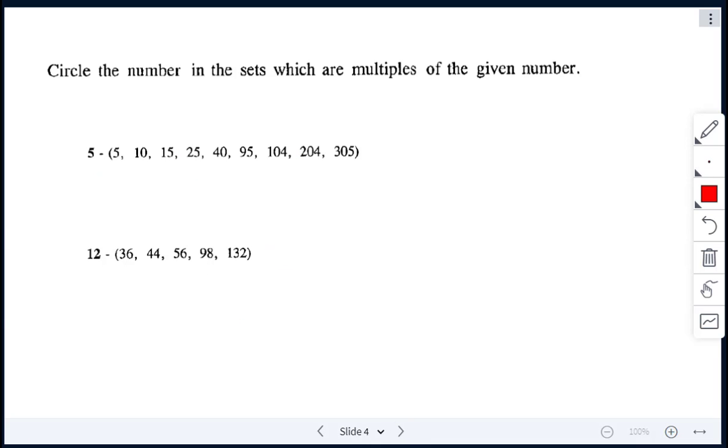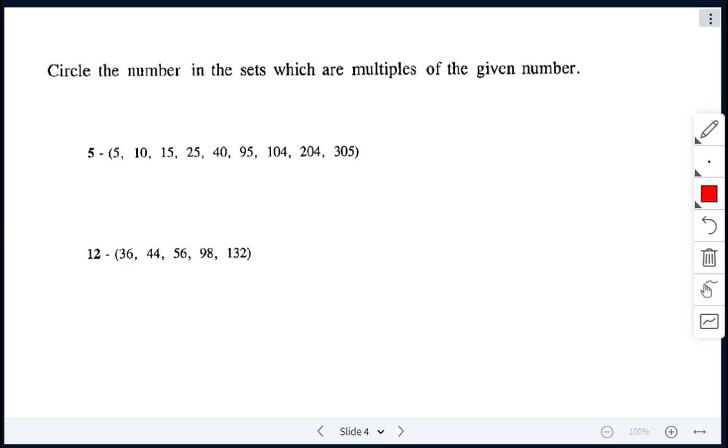All right, next type of question you may see: circle the numbers in the sets which are multiples of the given number. Our given number is 5. Which ones are the multiples? Those are the ones we would circle.